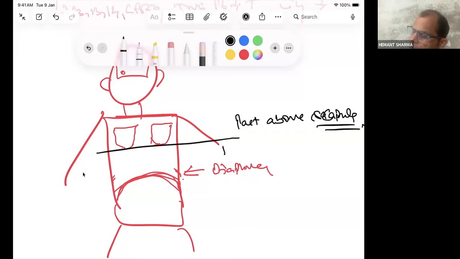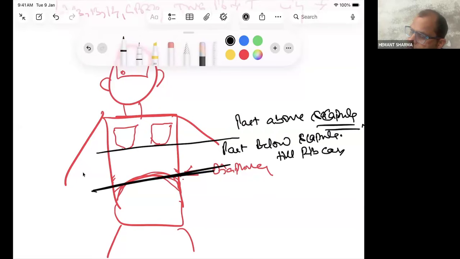Number 2, part below scapula till the last rib, till rib cage, जहां तक rib cage जाता है. ये rib cage है. This is the second part.